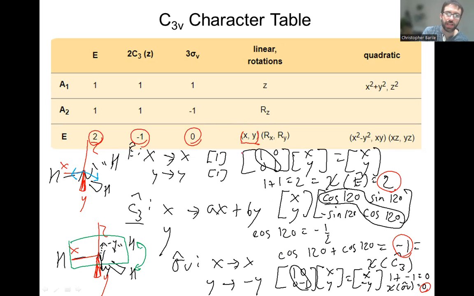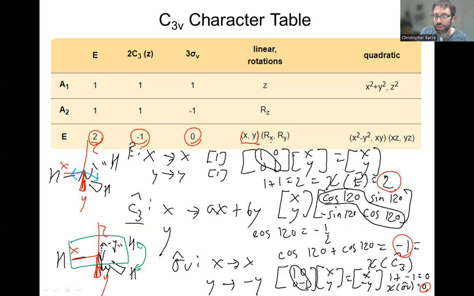That's what it means. They transform together. They're stuck together. They have to go together. And they both together transform, it's a two-dimensional thing, as E, which is the vector 2, -1, 0. So we derived that vector 2, -1, 0, and we proved that x and y have that symmetry.